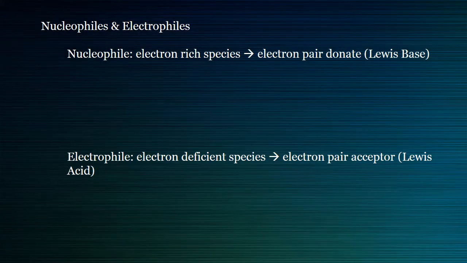These terms, hopefully you've seen from organic chemistry. We're just bringing them back again. Nucleophiles versus electrophiles. Nucleophile: nucleo means nucleus, and phile means to like. So it means it likes the nucleus. That means it's an electron-rich species that has an electron pair to donate, so therefore it is our Lewis base.